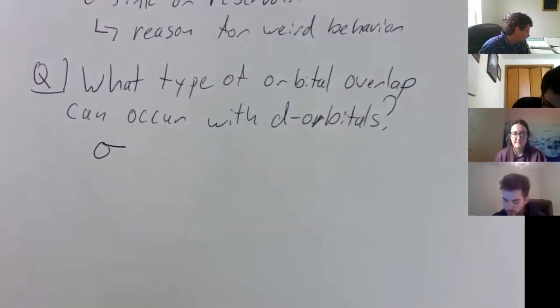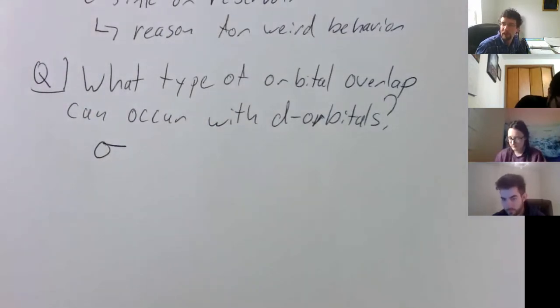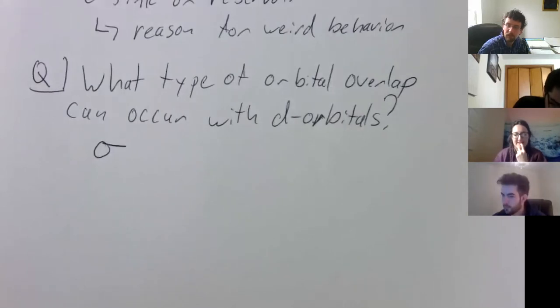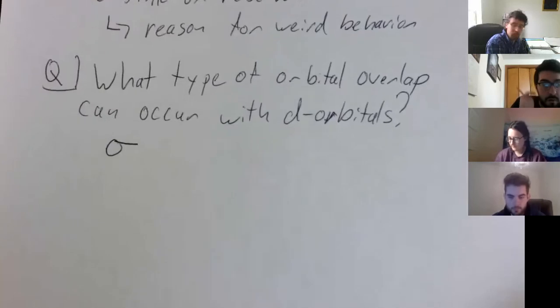1. Okay, so let's draw a d orbital. What type of overlap do you want to have? Or what orbital is this d orbital going to interact with? Oh, just an s orbital. Yeah, that's an example of one. You can actually interact with any of them as long as it's right.